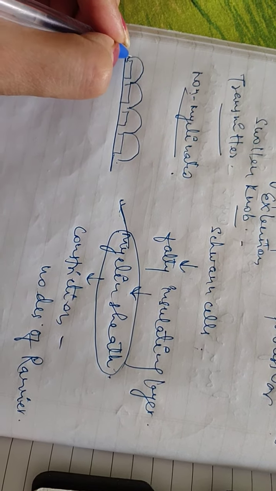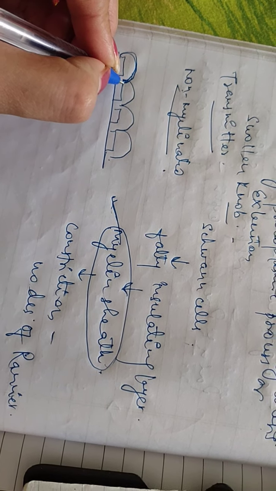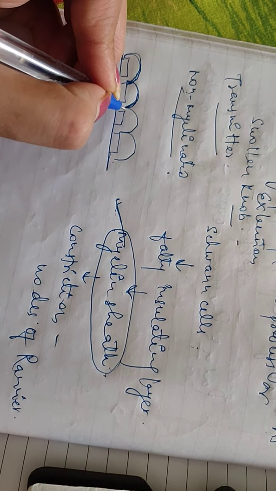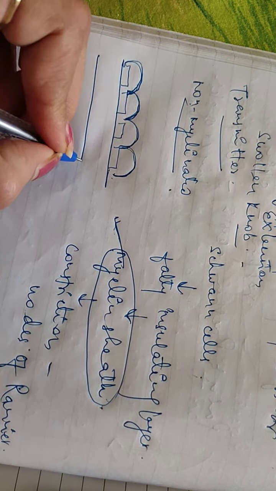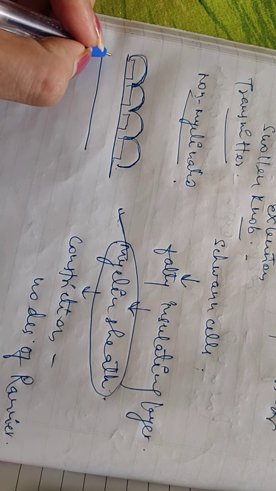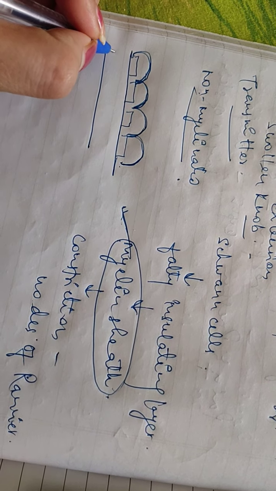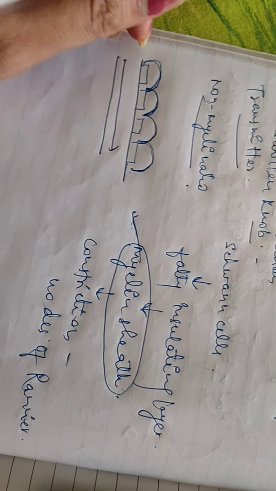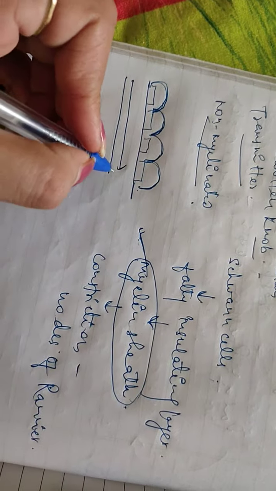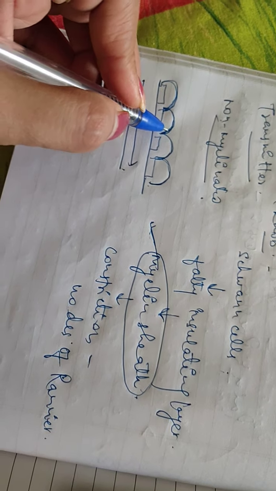So the impulses will be more efficiently passed from one neuron to another neuron. And if there is no myelin, then the impulse transmission will be like this. So it may be slower and it may be faster.